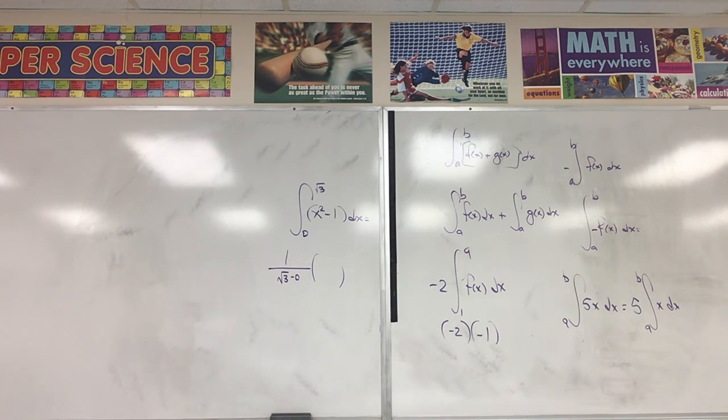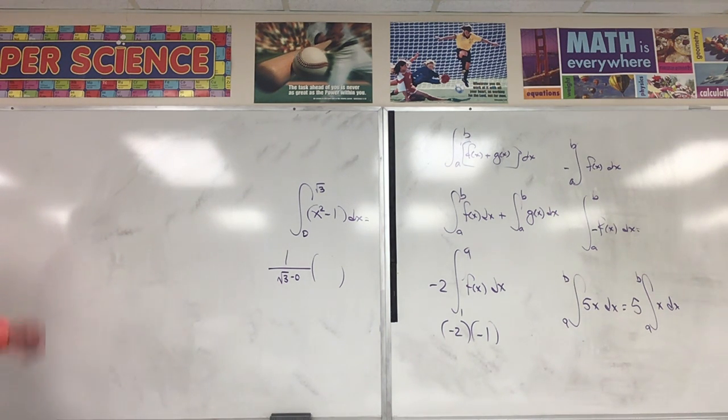So dx is the derivative, right? It's the change in x, yes. So why wouldn't we put 2x? Well, we're getting there. But we're just going to use NINT right now.